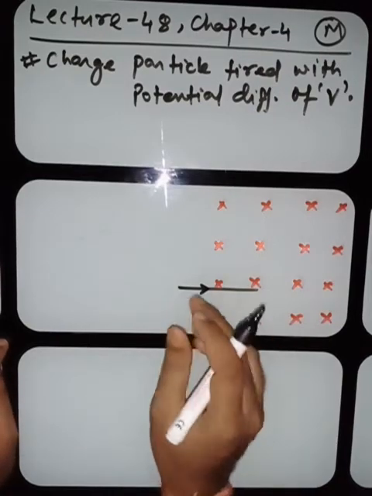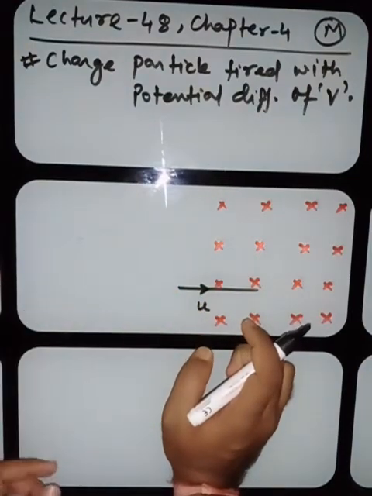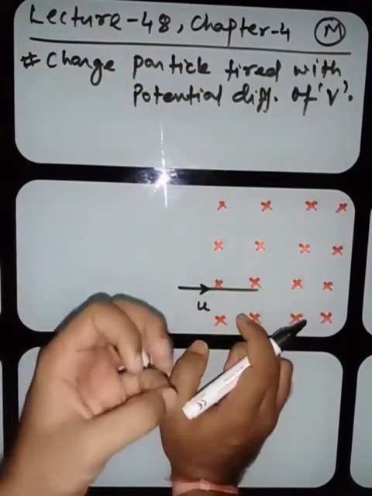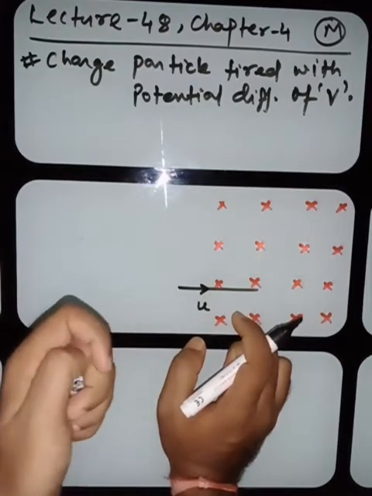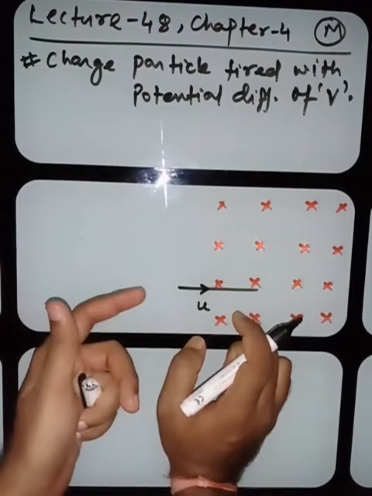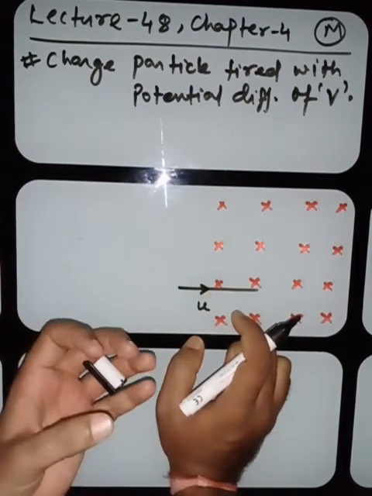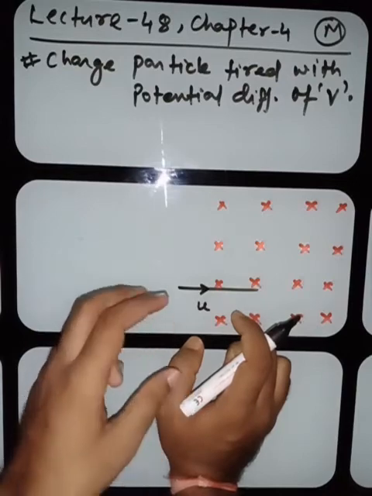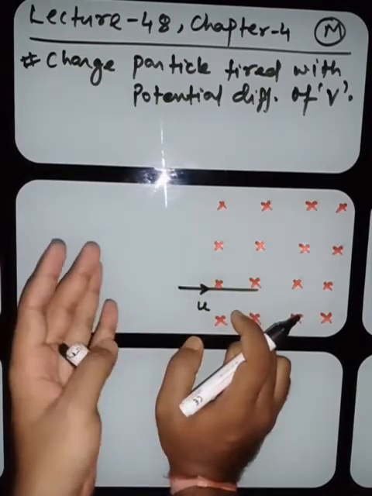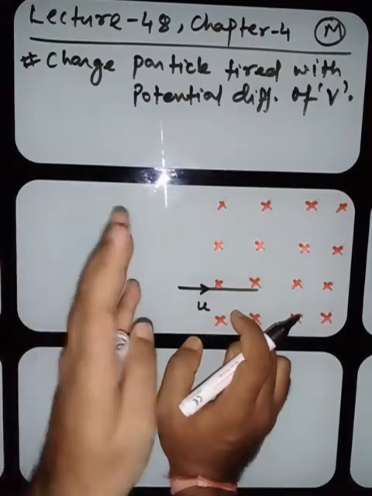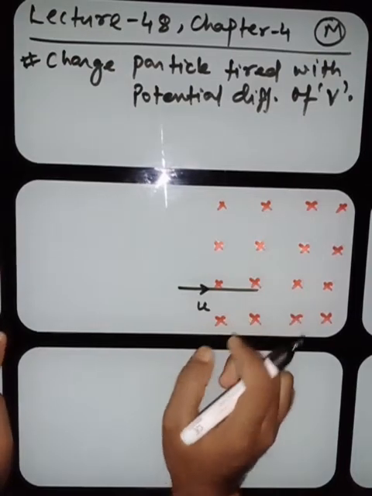Actually, the charged particle is accelerated by some potential. The motion acquired by the charged particle is due to the potential energy, given by the voltage. As we know, the potential energy of any charged particle is Q times V, and that potential energy is converted into kinetic energy, and that kinetic energy gives the velocity.